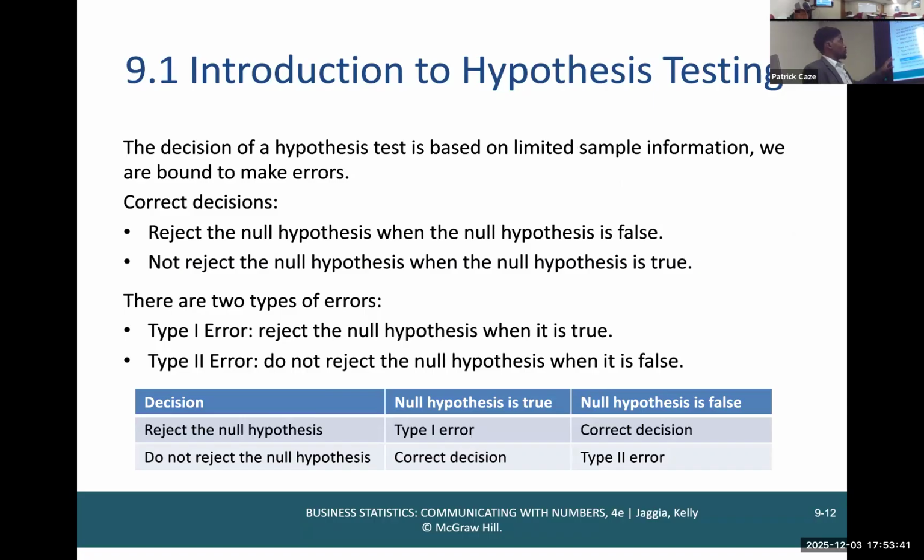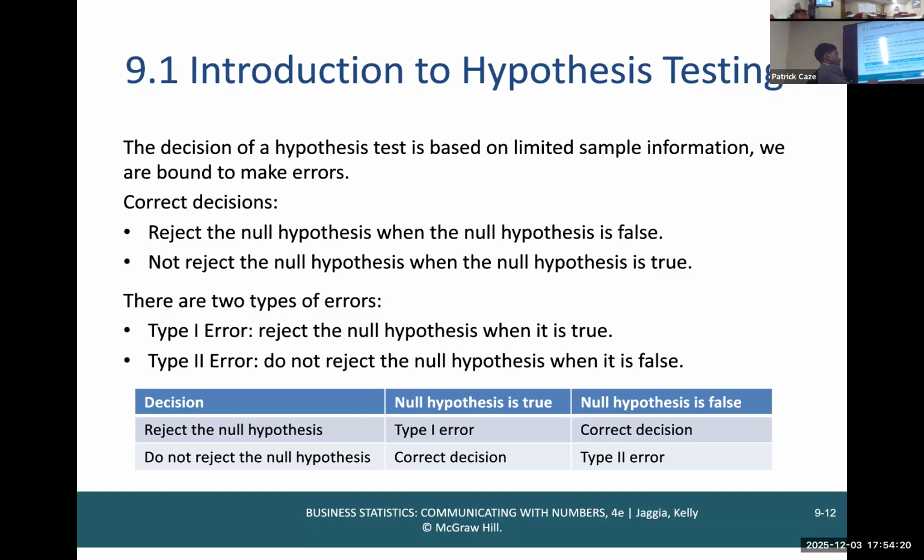If you look at the table here, if the decision is to reject the null hypothesis but the null hypothesis is true, that is a type 1 error. If we do not reject the null, that's the correct decision if the null hypothesis is actually true. But if the null hypothesis is actually false, that's a type 2 error.